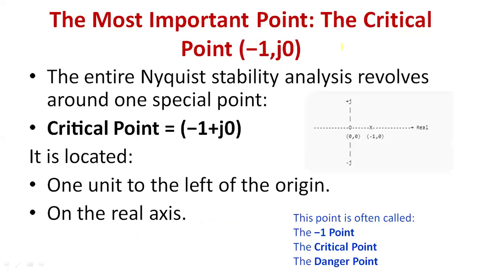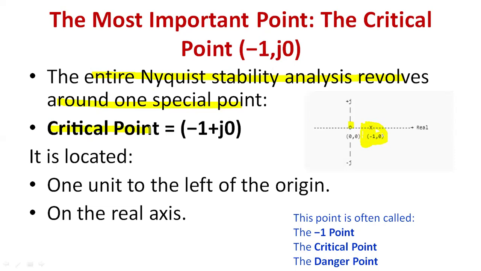The most important point is the critical point. Apart from the origin, we have one more point called the critical point. Everybody can observe here, this is my critical point, minus 1 plus 0j. Minus 1 is the real part, 0j is the imaginary part. The cross mark which I mentioned here is called the critical point. So the entire Nyquist stability will be determined based on the critical point.